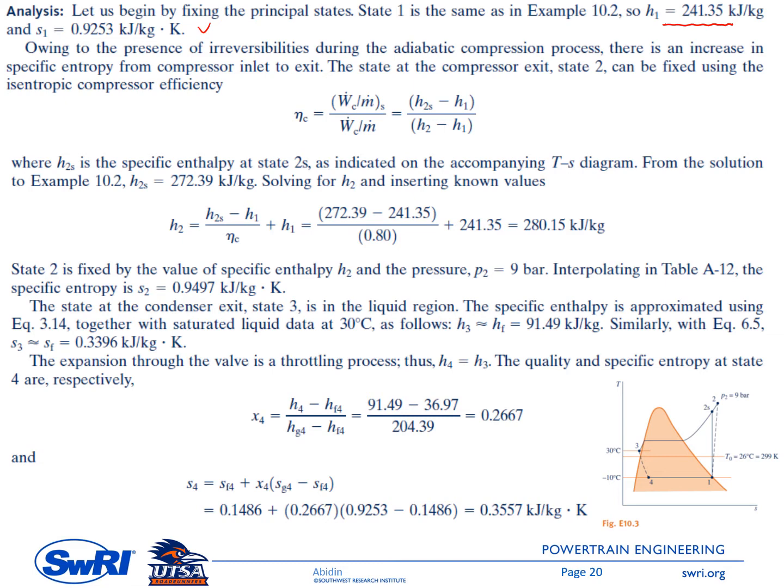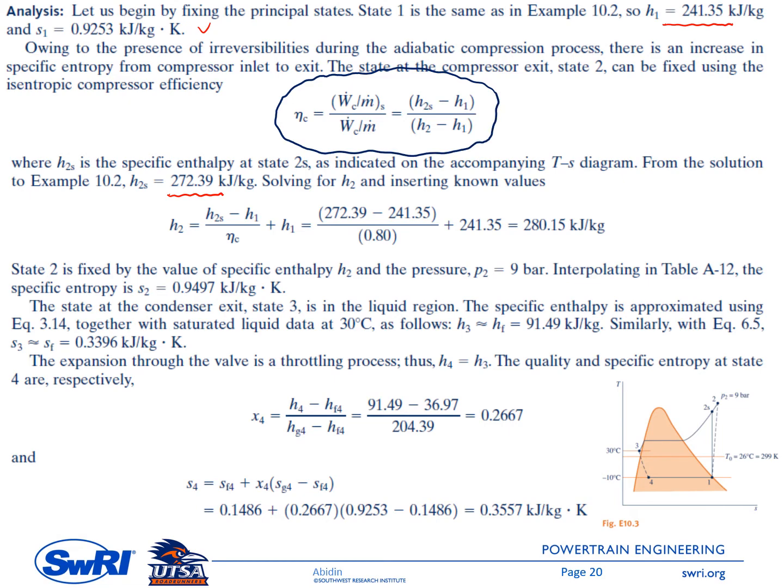Then we need additional effort to fix the properties at point 2. We know H2S from the previous example because it is the isentropic process. From the previous example, H2S is 272.39. To get the enthalpy at point 2, we use the isentropic efficiency correlation.